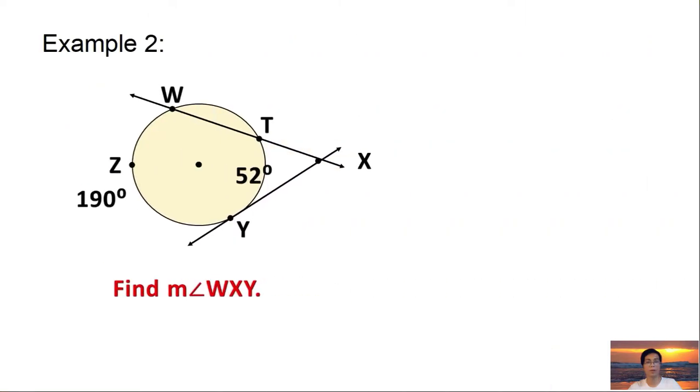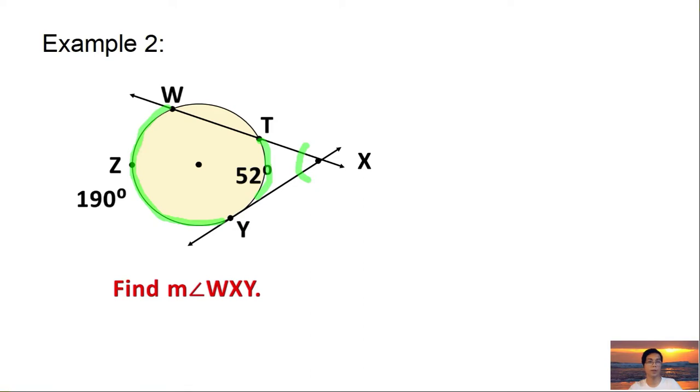Next example. Let's find the measure of angle WXY. So highlight natin, nasan si WXY? WXY. So ito po yung angle na nawawala. Tama? Dahil yung angle ay nasa exterior ng ating circle, nasa labas ng circle, apply natin yung ating theorem kanina. So, yung kanyang intercepted arcs, ito, si WZY at saka si arc TY.